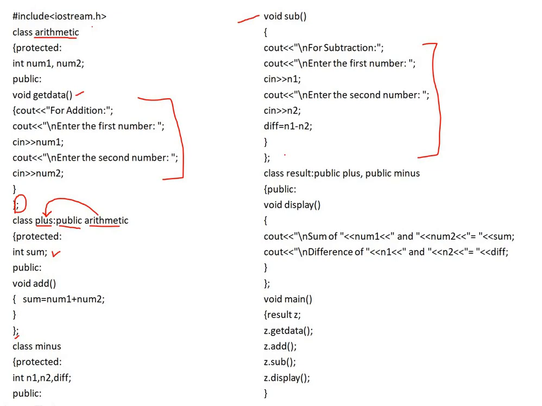Next, this is very important, look here. Next we have written class result. Here class result is the bottommost derived class. Colon operator followed by public plus, comma, public minus.